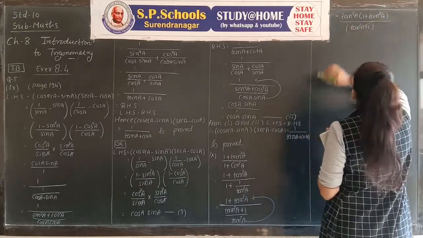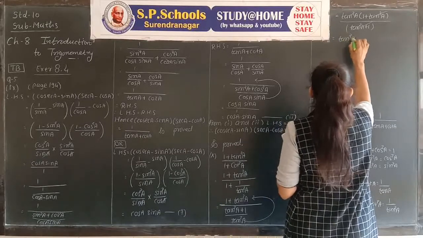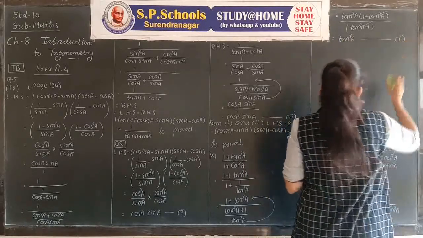Both brackets are equal, cut it, we get only tan square A, which is our result number 1.